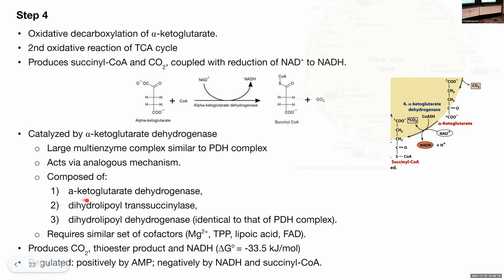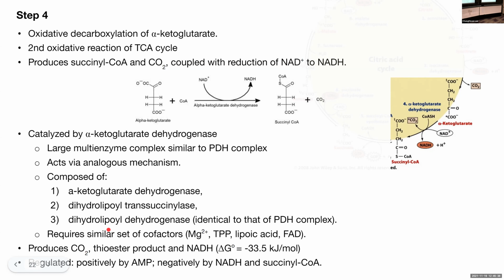The first is alpha ketoglutarate dehydrogenase, similar to pyruvate dehydrogenase. The second is dihydrolipoyl transsuccinylase, similar to the second enzyme of the PDH complex, the acetyltransferase. And the third is the same as E3 in the PDH complex, which is dihydrolipoyl dehydrogenase.